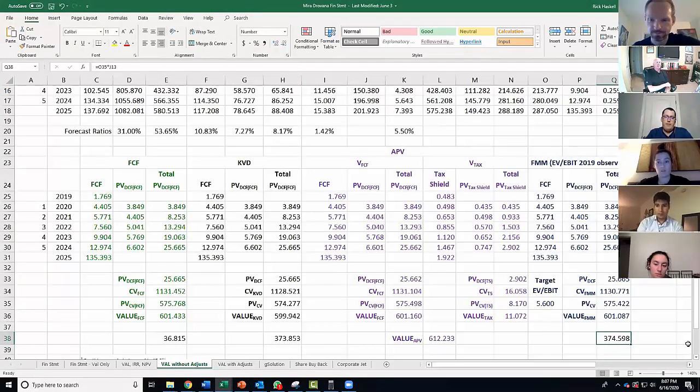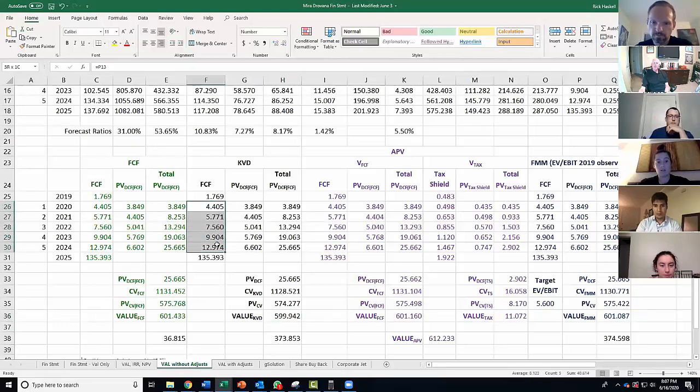But still not close to 600. Why are we so far off the mark? 374 and a half versus 600. That's a lot different, right? Because these sixes, this one and this one, I'm calling them 600 because they're so close to it, also have the benefit of all these other cash flows that aren't being taken account of in these single stage multiples.